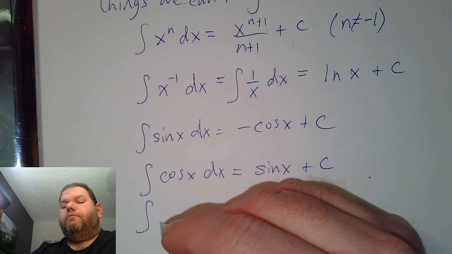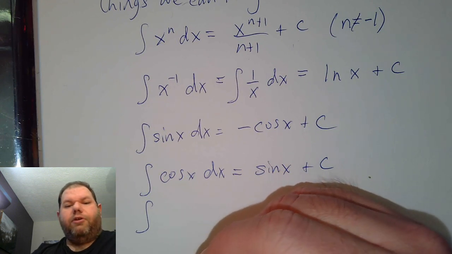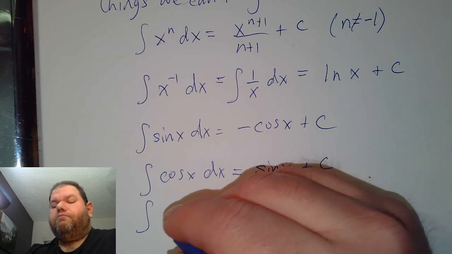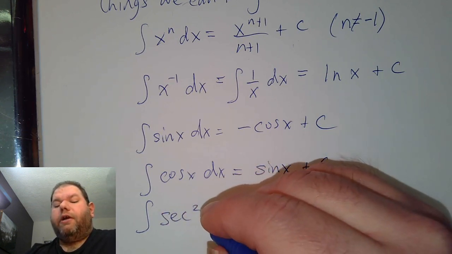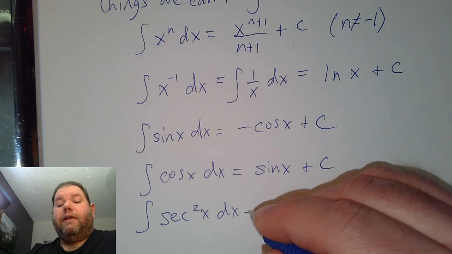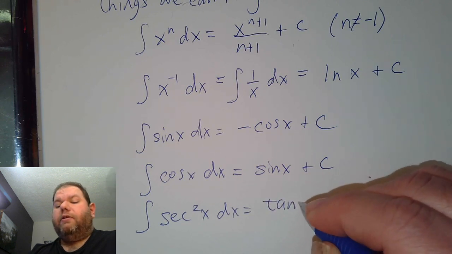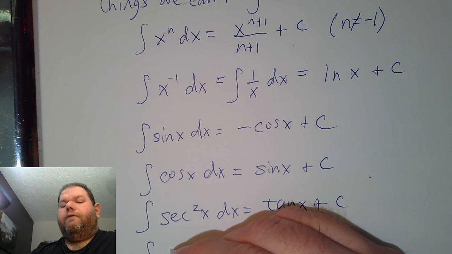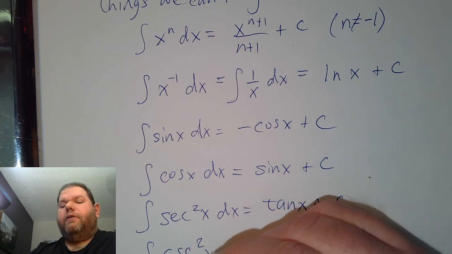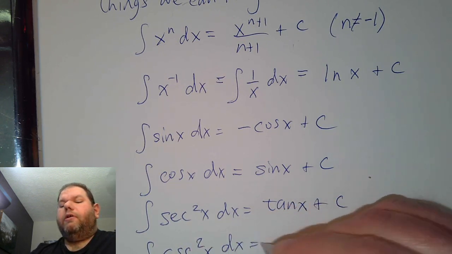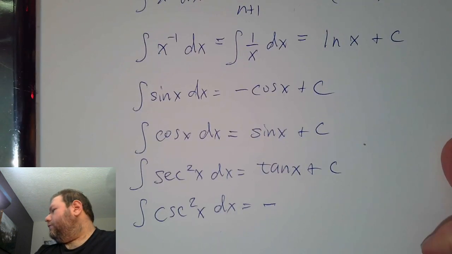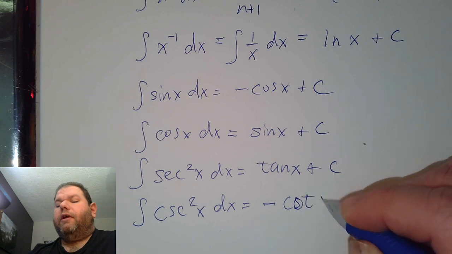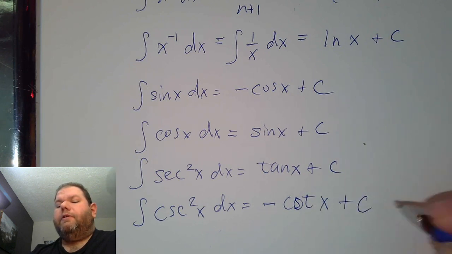And we can do the other basic trig integrals. The integral of secant squared x is tangent x. We know the integral of cosecant squared x is negative cotangent x plus c.